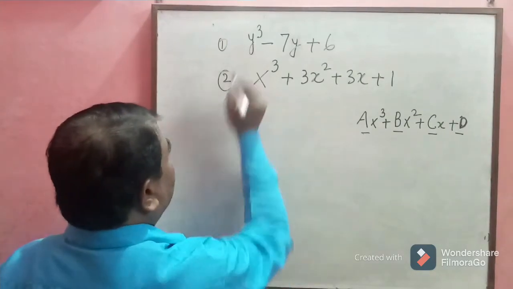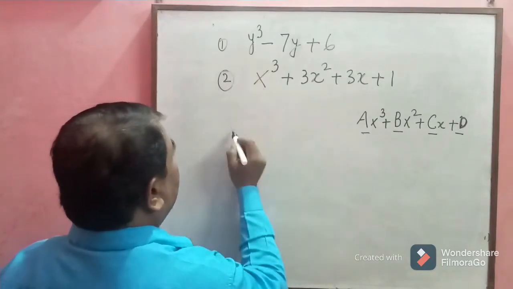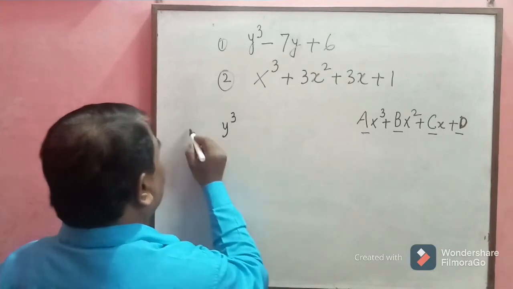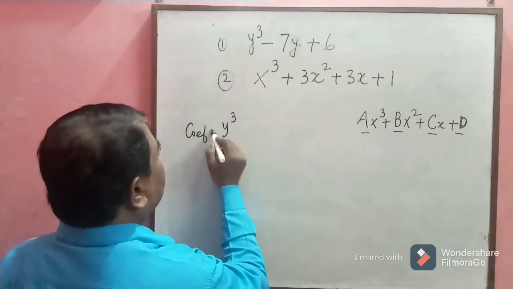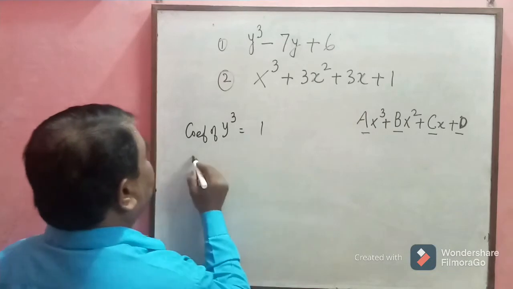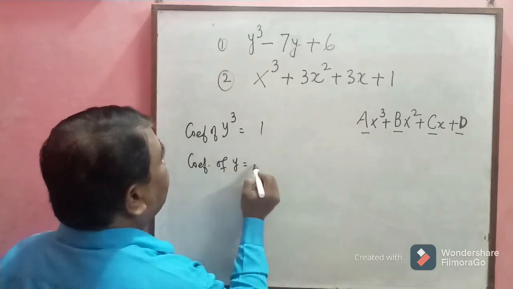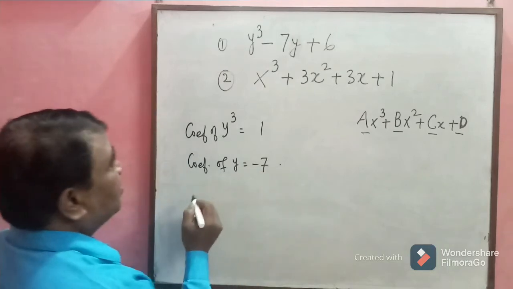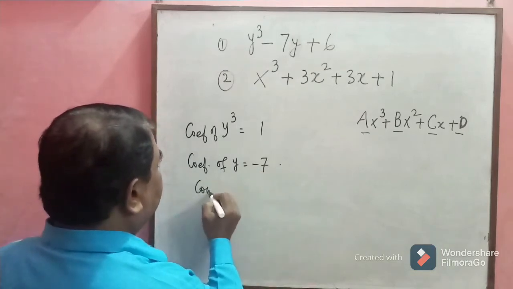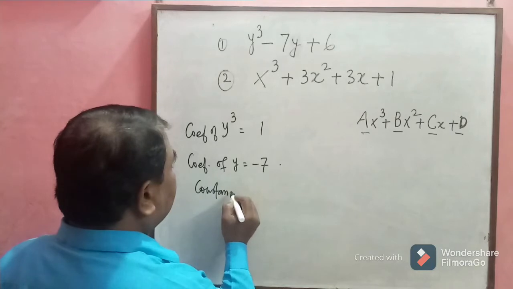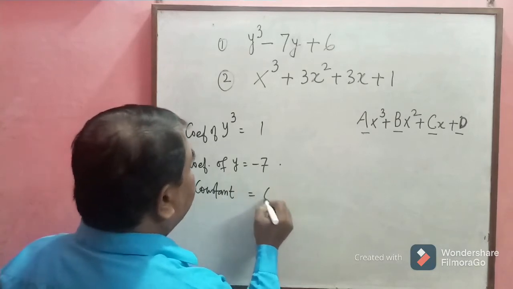The coefficient of y cube is 1, the coefficient of y is minus 7, and the constant is 6.